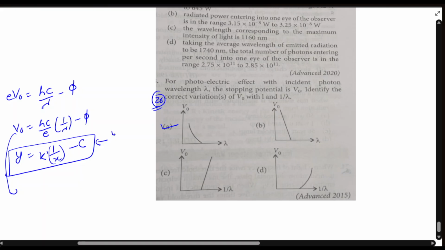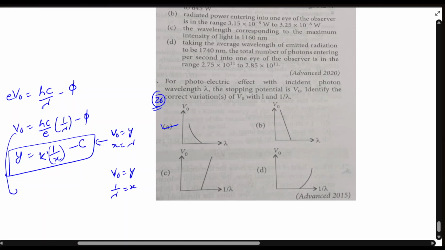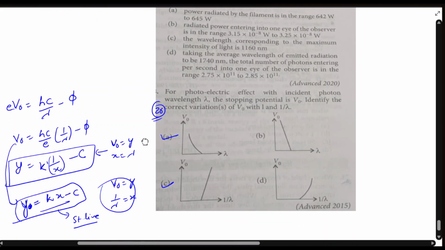Here V naught was y and x was lambda. Now V naught is y, and 1 by lambda is x. So we'll get V naught equals, this is again k, so y equals kx minus c. So this is a straight line, right? For this graph, it's a straight line. So which one is this? It is this, right? So A and C are correct.